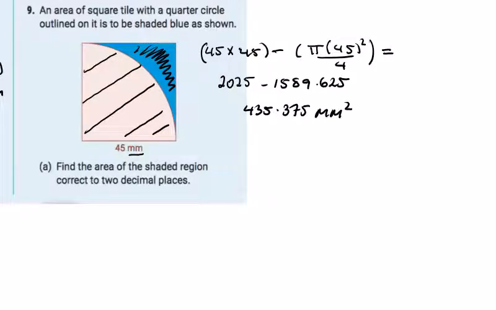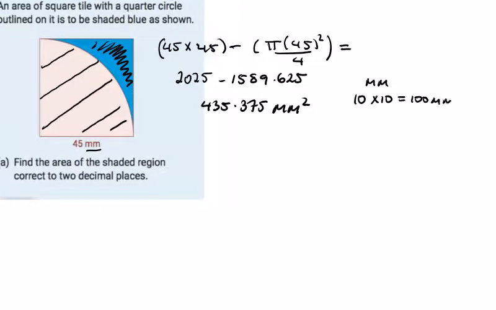So going back to centimeters squared, if we think about it, 10 millimeters by 10 millimeters is equal to 100 millimeters squared, and 10 millimeters by 10 millimeters is also 1 cm by 1 cm, which is 1 cm squared.